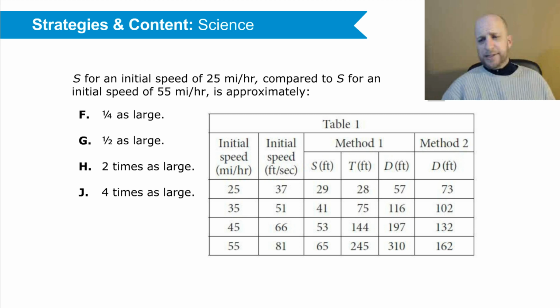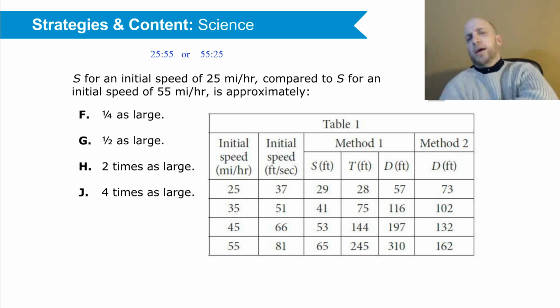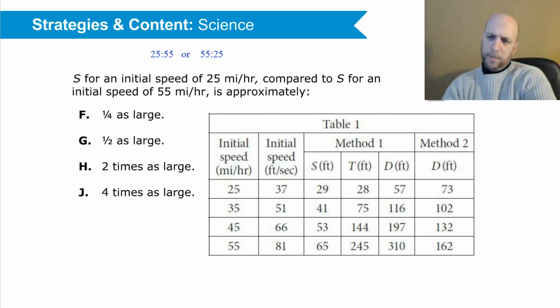All right, let's see what it's asking. At an initial speed of 25 miles per hour compared to at an initial speed of 55 miles per hour is approximately... Here's what I want from everyone. In the chat, tell me, am I comparing 25 to 55, or am I comparing 55 to 25? Which one am I comparing here?